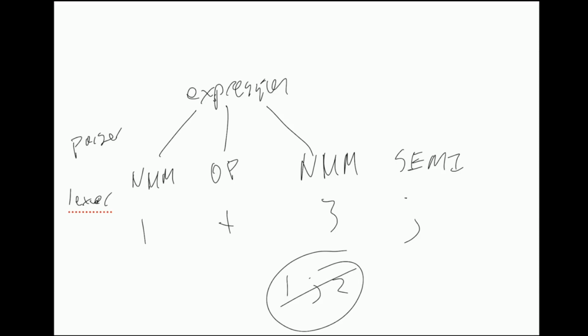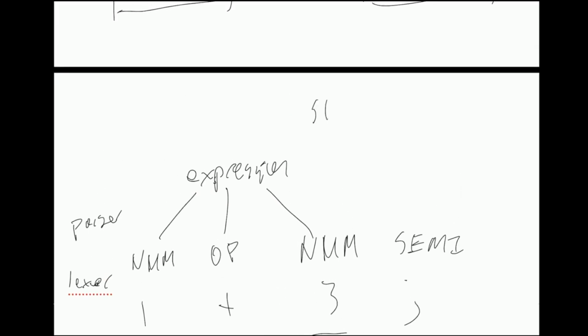It also gives us a data structure that represents which constructs are being used in the input language. So the parser is what says, hey, num op num is a valid part of the language, and it names it. It's called an expression.